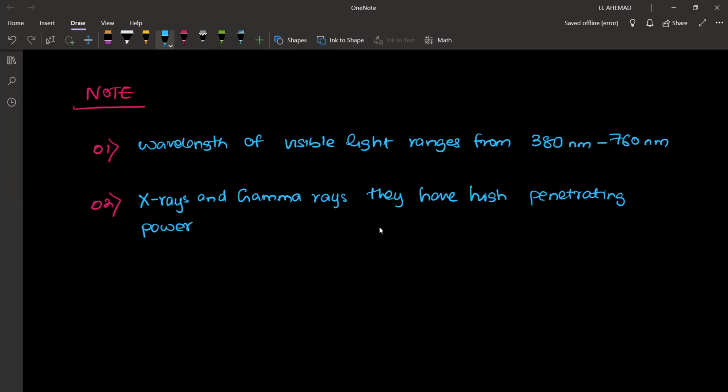These X-rays and gamma rays can propagate through. But other lights, they are not able to propagate. For example, just think about visible light. Will visible light go into concrete? No, right? It cannot go into concrete. But X-rays can go up to a certain level, but gamma rays can go much deeper. Okay, that is what is meant by penetrating power.